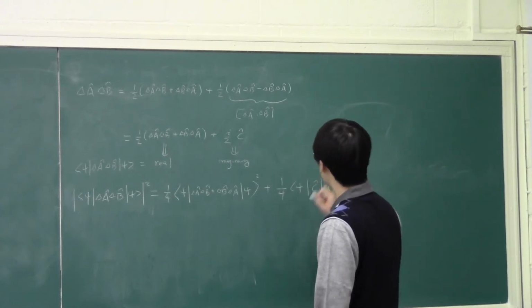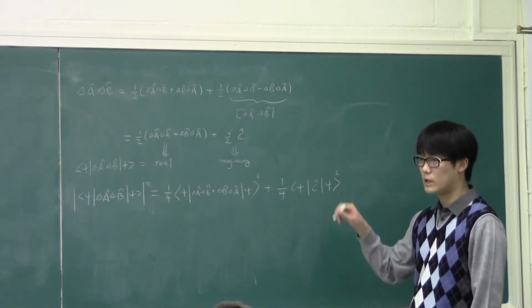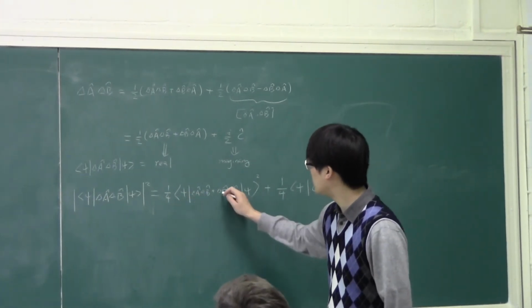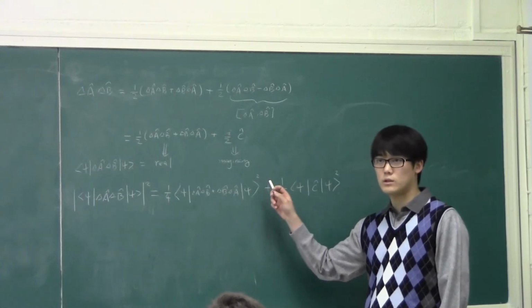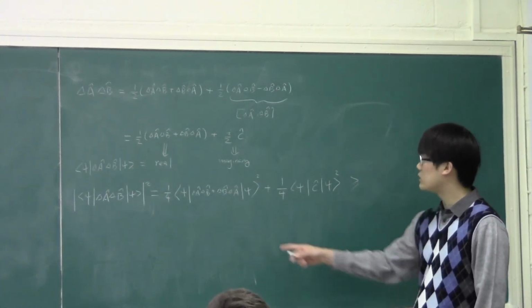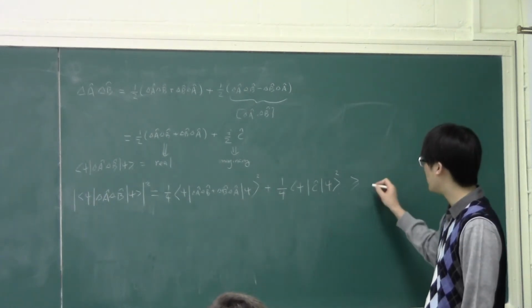Because these are all real numbers, I just put squares on them. I don't worry about the magnitude square. Now this is clearly, because this is a real number, and the real number squared is a positive number, I can conclude that this term is clearly larger than just the part coming from the imaginary part.